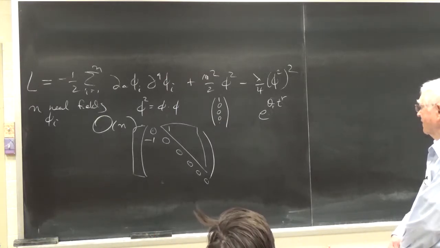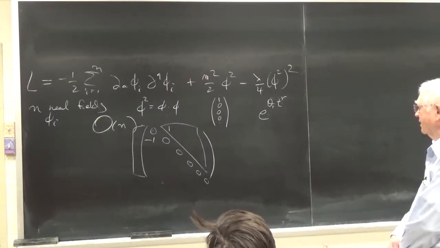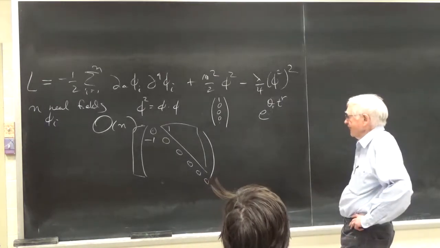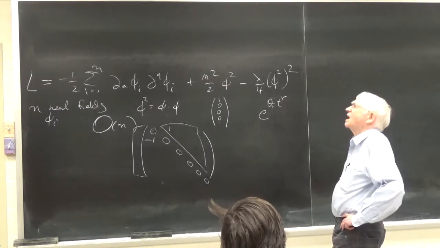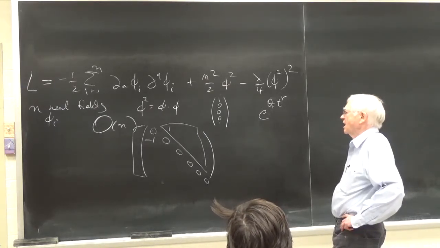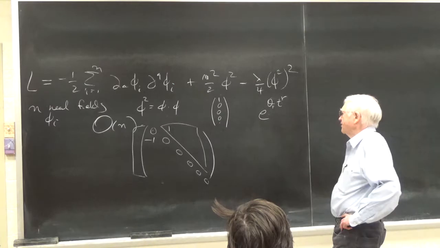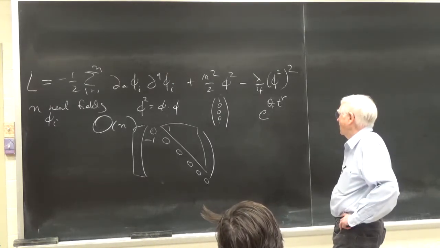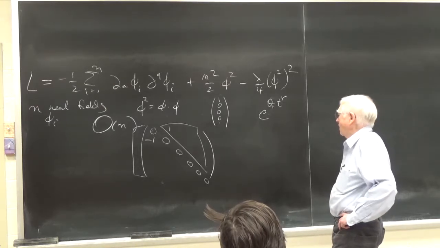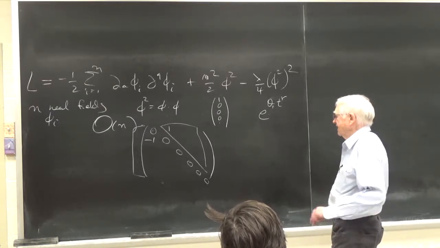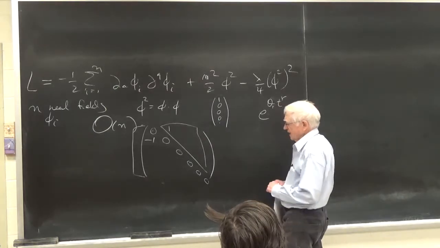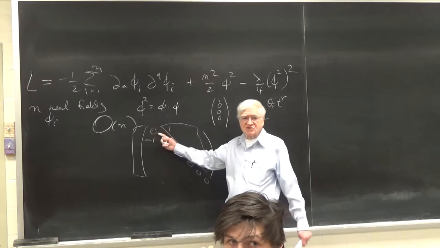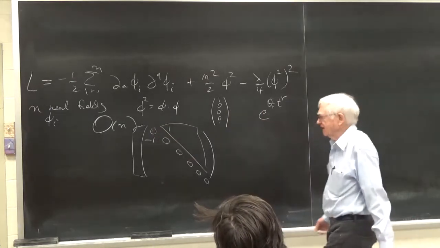Well, I guess, how would you get a reflection of this? I want an orthogonal matrix. In the case of SU(N) and U(N), the extra generator just has 1s on the main diagonal.